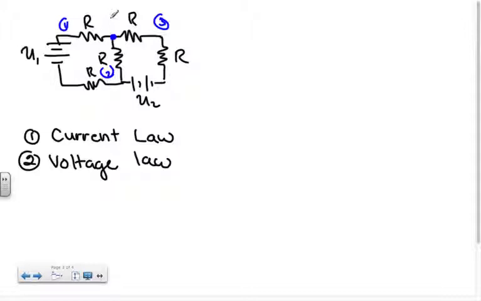We'll call that point B. When we have the same situation here, wire 3, wire 1, that would also make, we'll call this point, I don't know, A, a node. So points B and A are nodes. And the current law states that the sum of the current going in equals the sum of the current that goes out.